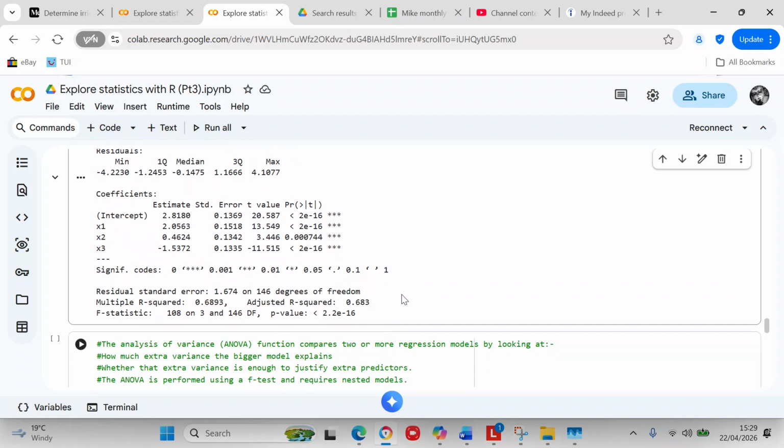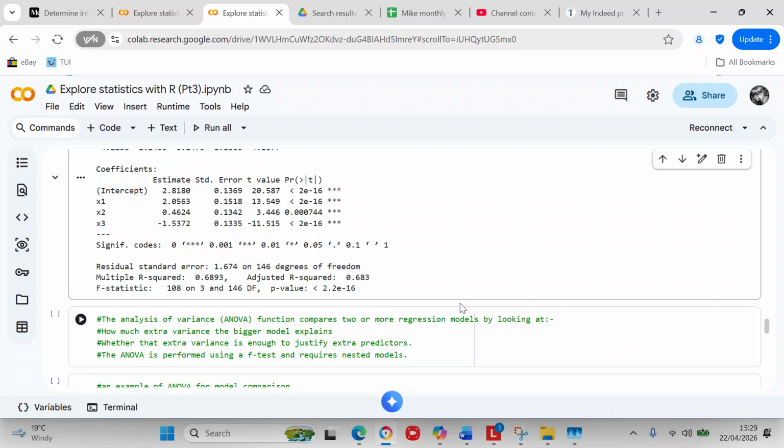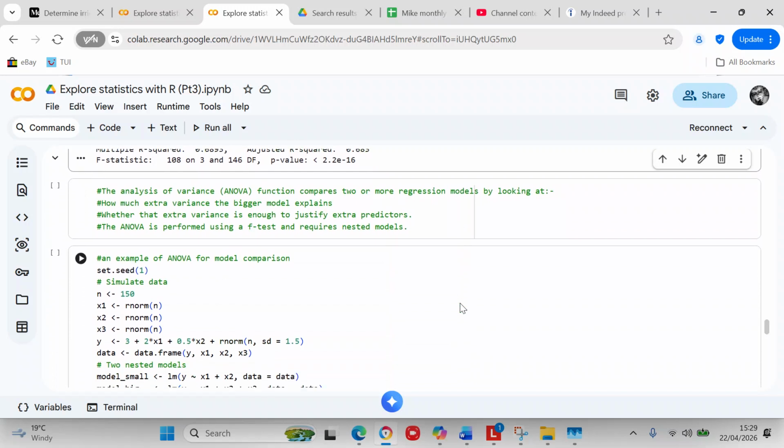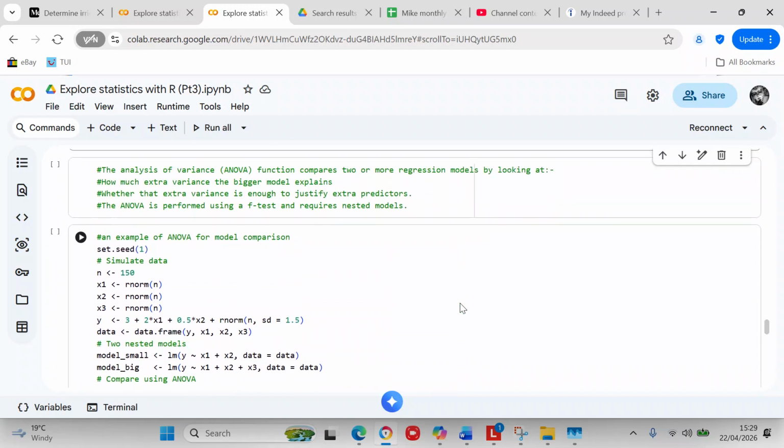So your residual standard error is 1.674 on 146 degrees of freedom. Your multiple R squared is 0.6893. Your adjusted R squared is 0.683. Your F statistic is 108 on 3 and 146 DF. And your p-value is a very low value. Now we're going to talk about how the ANOVA fits in with multiple linear regression.